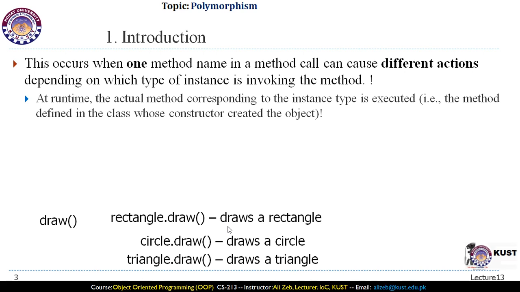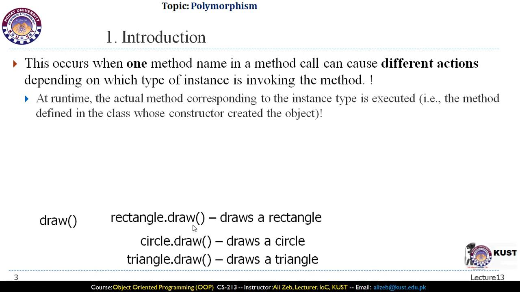The method is defined in the class whose constructor created the object. We will see in the examples that we will have a copy of this method in each class for which we have created an object, and the output of the method call will depend on whatever we have declared inside the method.